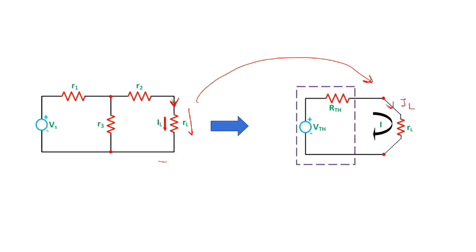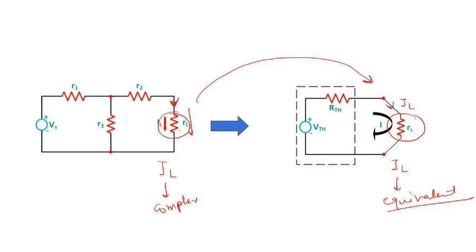Meaning IL measured in the complex circuit and IL measured in the equivalent circuit will be the same if we keep our RL the same in both cases.